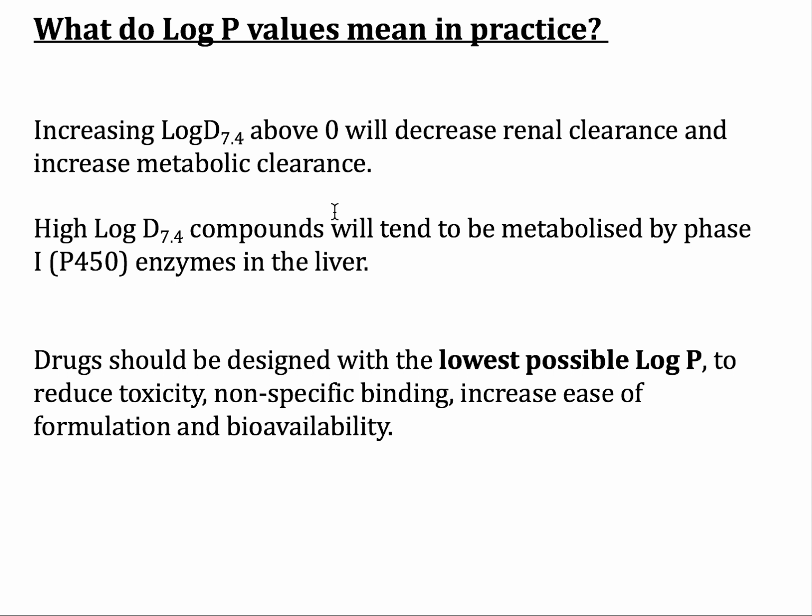The problem with this is it increases the metabolic clearance, and this can lead to issues because there's something known as the therapeutic window, which I will touch on in subsequent lectures.